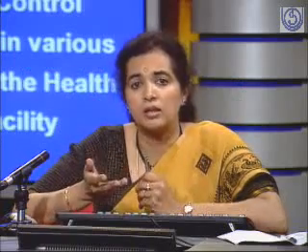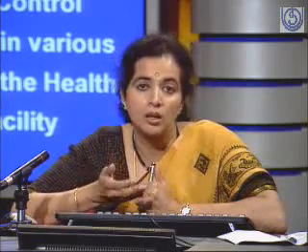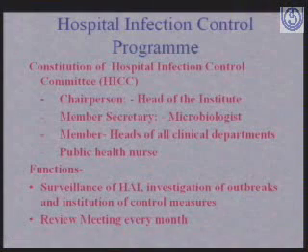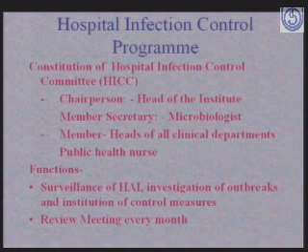So how do we tackle this problem? Now that we know that hospital-acquired infections are a real threat to hospitals, how do we handle them? That is by constituting what is called the Hospital Infection Control Committee. So every hospital should have a hospital infection control program which will address this problem and deal with it. Usually the chairperson of this committee is the head of the institution.